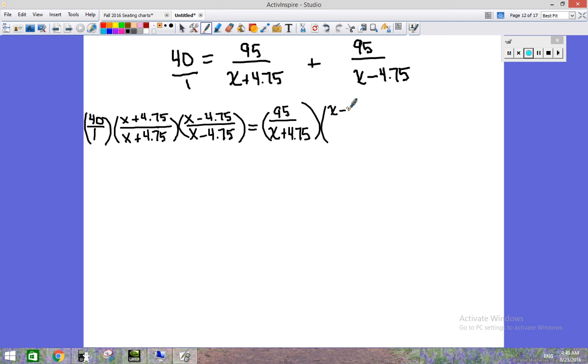So we need x minus 4.75 over x minus 4.75. The numerator and denominator have to be equal to each other for this fraction to reduce to 1. And now in this second term on the right hand side, we've got the minus, but we need the x plus 4.75.